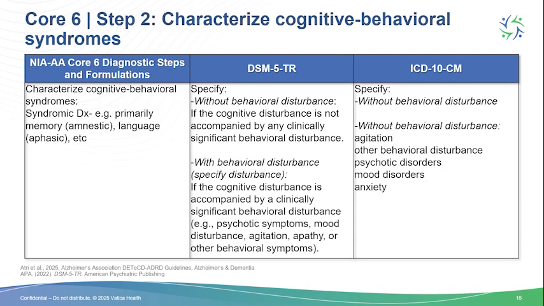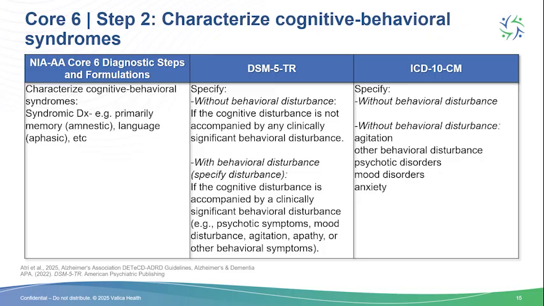So the NIA-AA Core 6, Step 2, is to characterize cognitive behavioral syndromes like memory or language. This helps narrow the differential diagnosis, determine the next step in the diagnostic approach, and it heavily impacts symptom management and care planning.